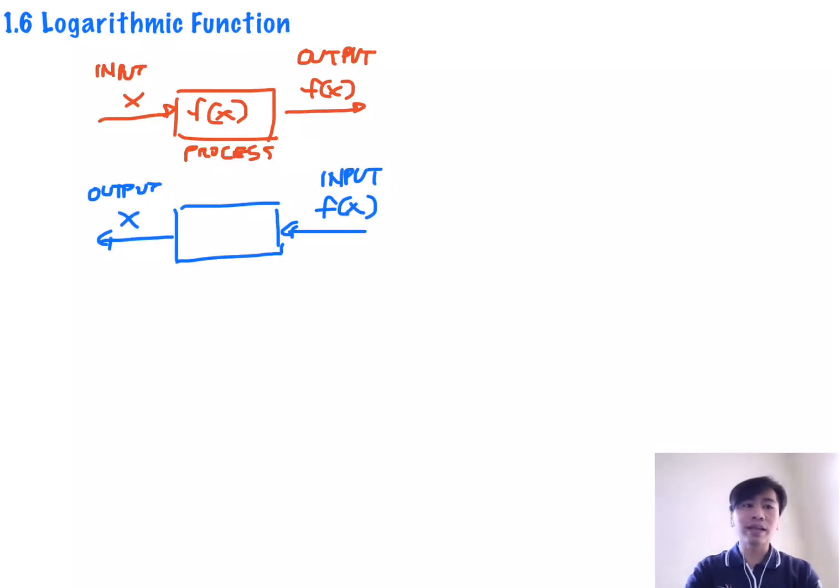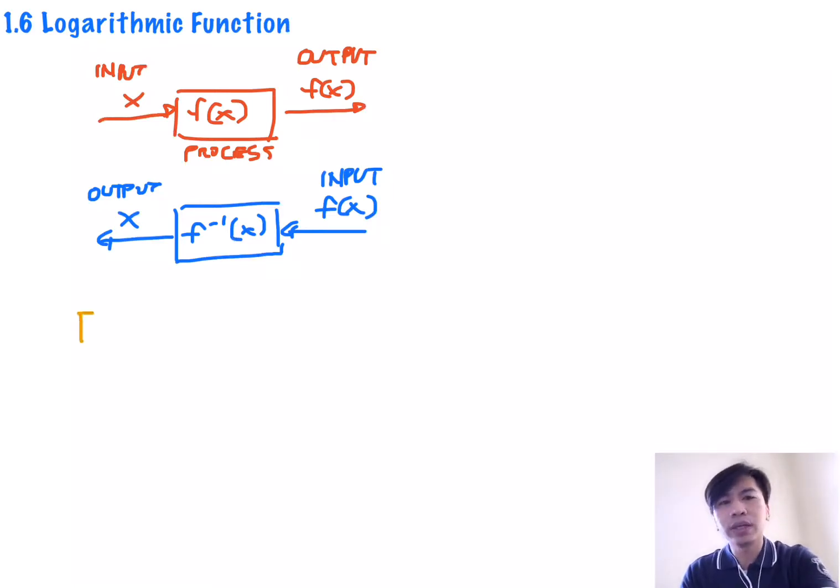Now that function in the middle will be f inverse of x. So this is the inverse of a function. Inverse of a function is the reverse process of the function. I'll give you an example.